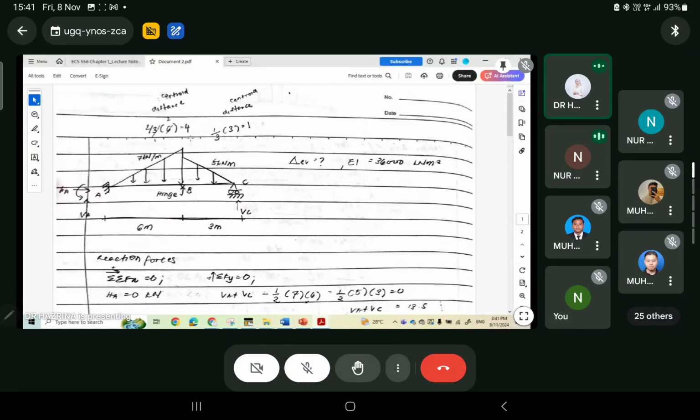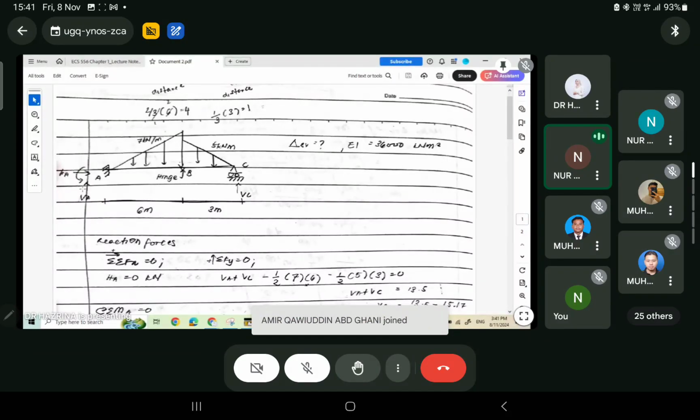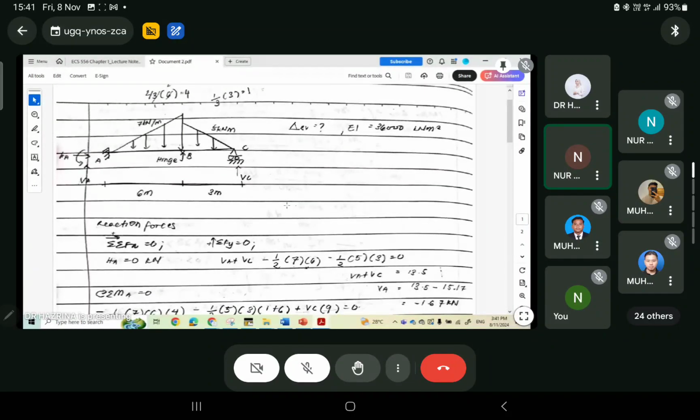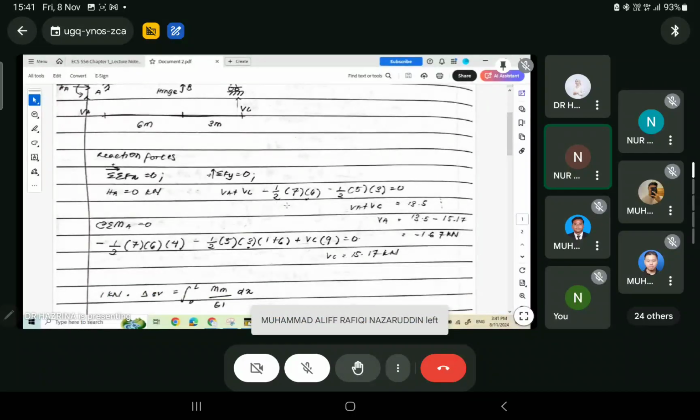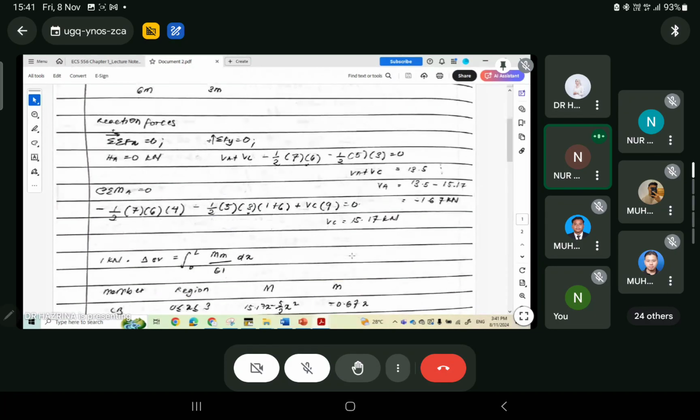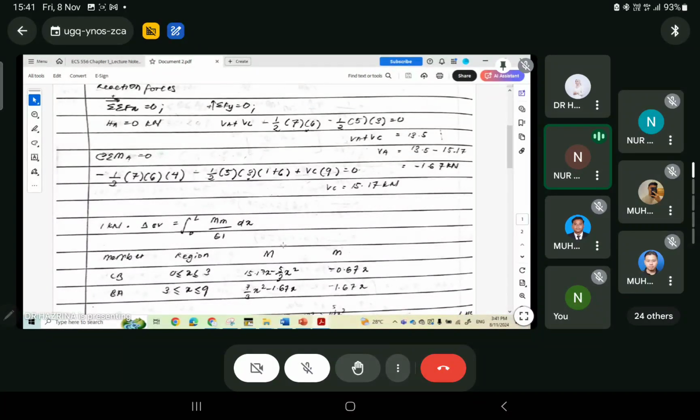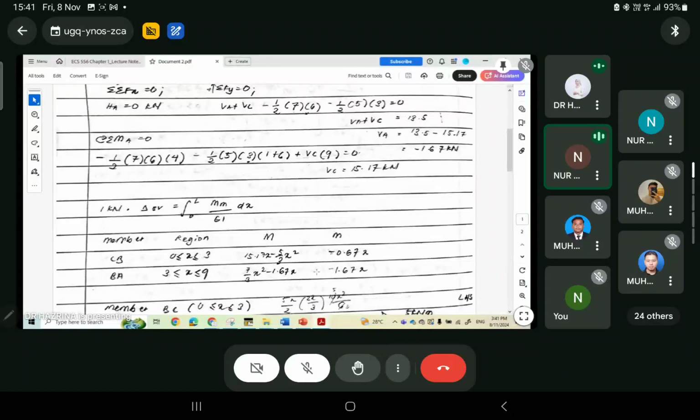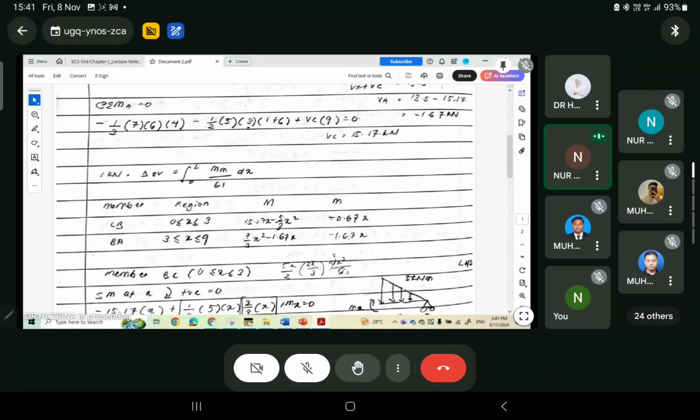Then I try to find the moment using the formula, centroid distance times the load itself. Then I got those answers, and then I try to find the big M and small m for each member.